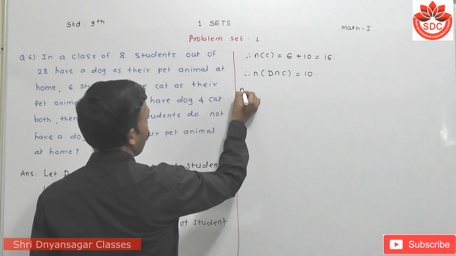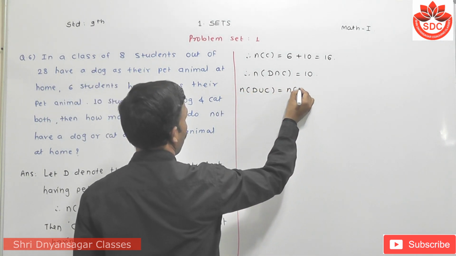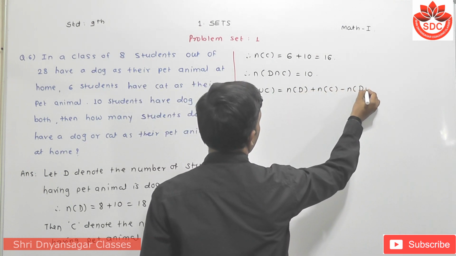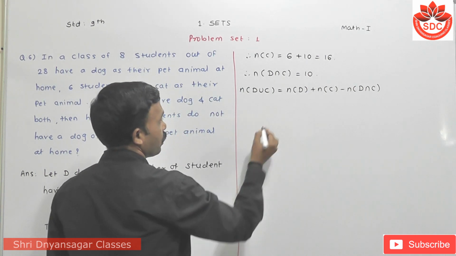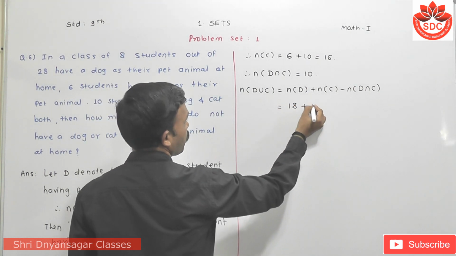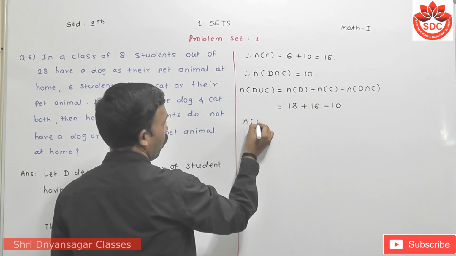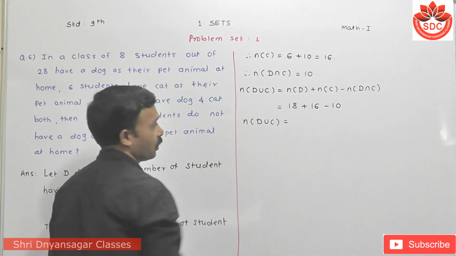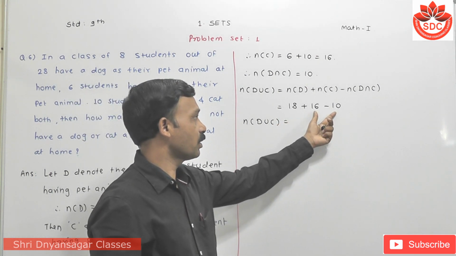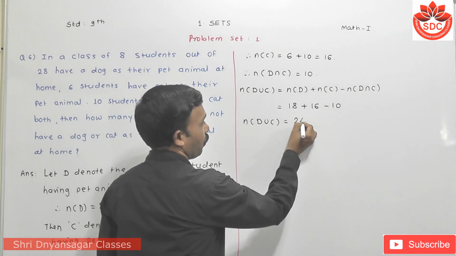What is the formula? n of D union C is equal to n of D plus n of C minus n of D intersection C. Substitute the values. n of D is 18, n of C is 16, minus 10. Then n of D union C is equal to, now first we have to subtract this one, then it becomes how much? 6. Then 18 plus 6 becomes how much? 24.